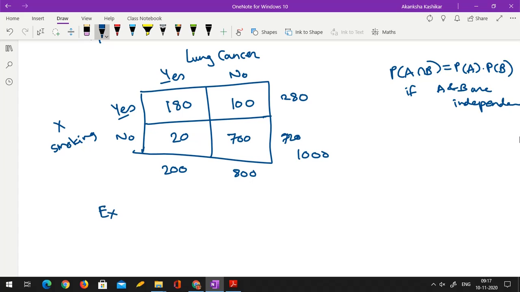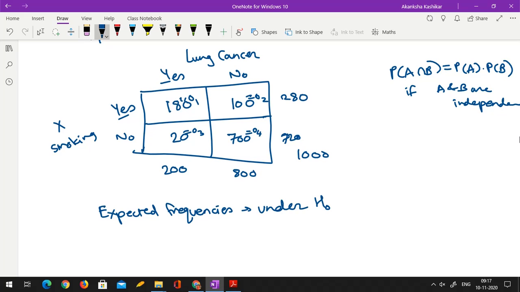So we first compute what are known as expected frequencies, like we did in goodness of fit. Expected frequencies under H naught, that means if the null hypothesis is true, then what are the expected frequencies? These are observed frequencies. So this is O1, this is say O2, O3, O4.